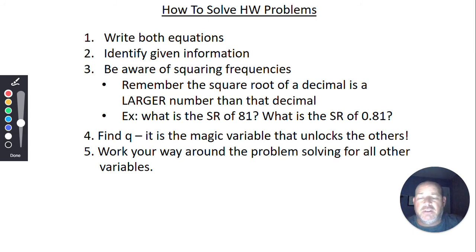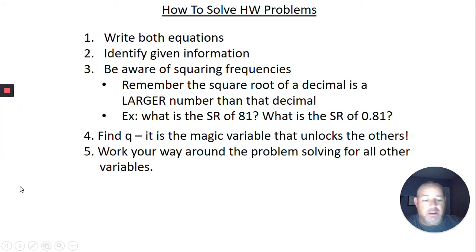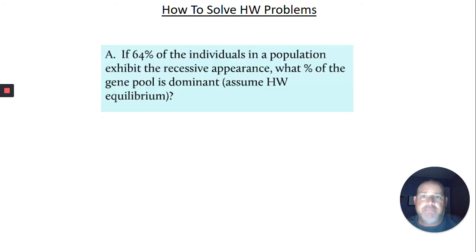If you know Q, you can find P, and then if you know P, you can find P squared, and you already know Q, so you know Q squared, and you can take 2 times P times Q to get 2PQ. So it's pretty easy to work the math out around these problems. It's really just making sure you assign the right value to the right equation. Okay? Practice makes perfect, which we're going to do right now.